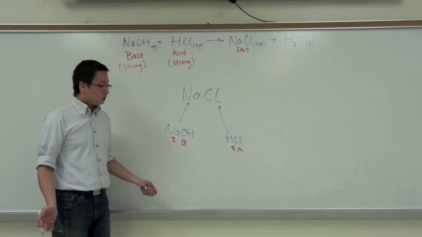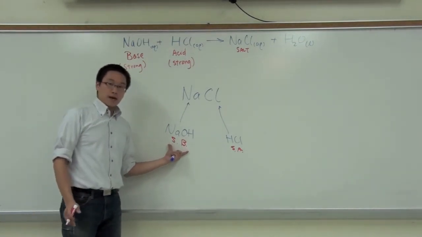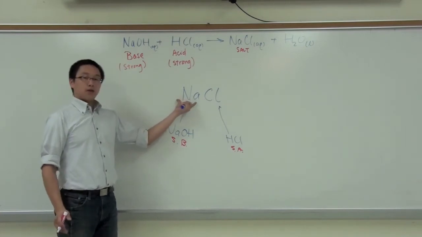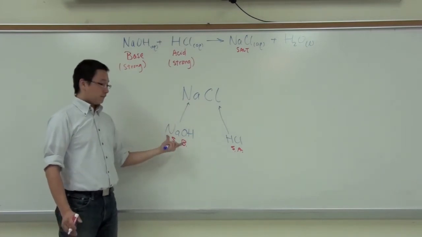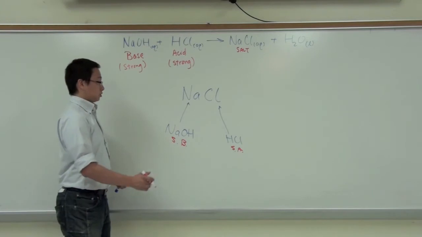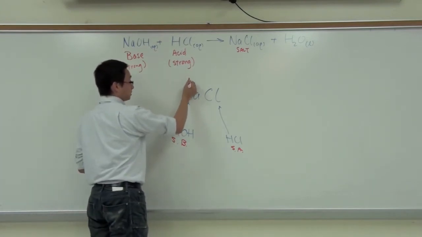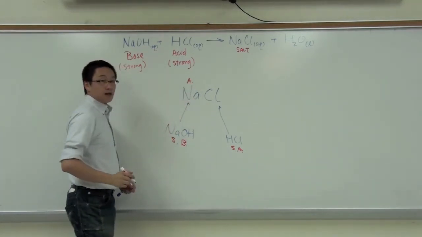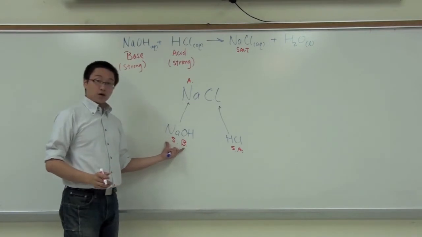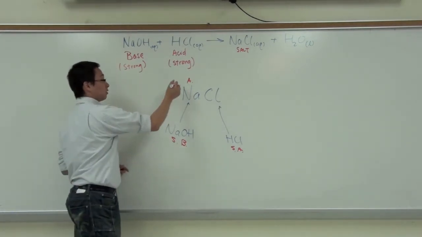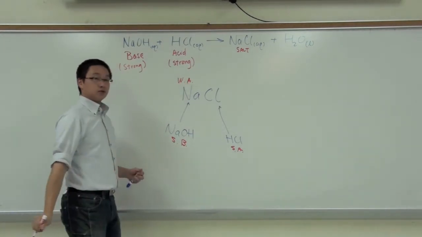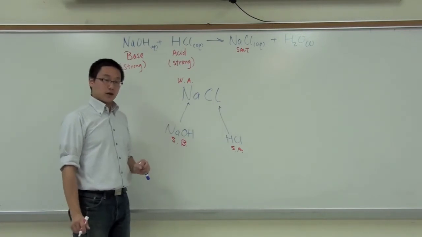How does it help? Well, if this is a strong base, this will be the conjugate of this strong base. So the first thing we know is that it is an acid. And since the base is strong, the conjugate will be weak. So we have a weak acid.